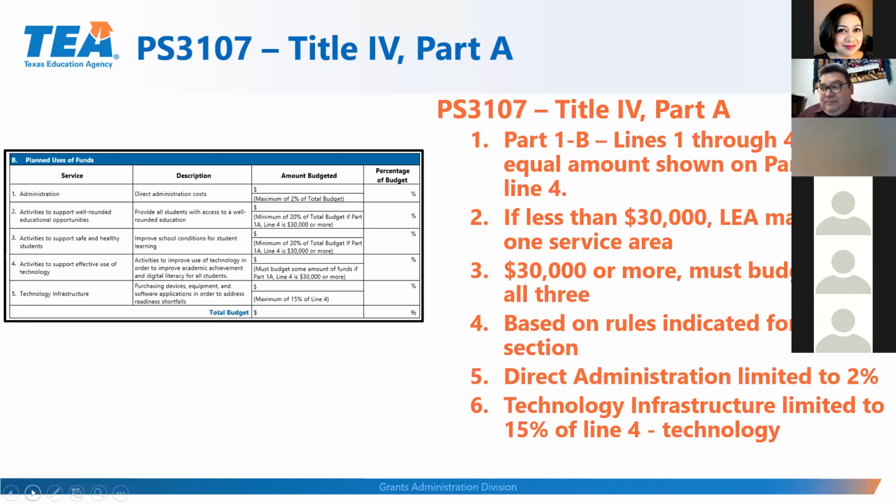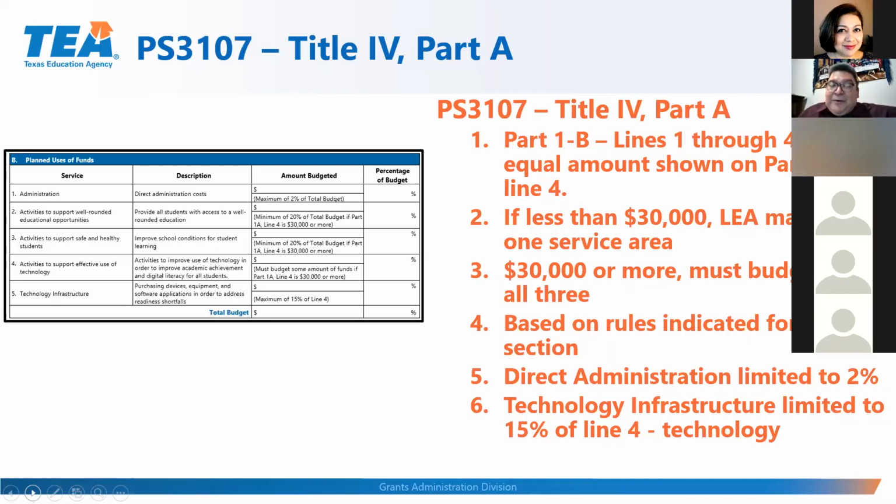Line 5, your technology infrastructure, is actually part of line 4. And you're limited to 15% of what you budgeted in line 4. It's not 15% of the total amount, just the amount that's indicated for effective use of technology.